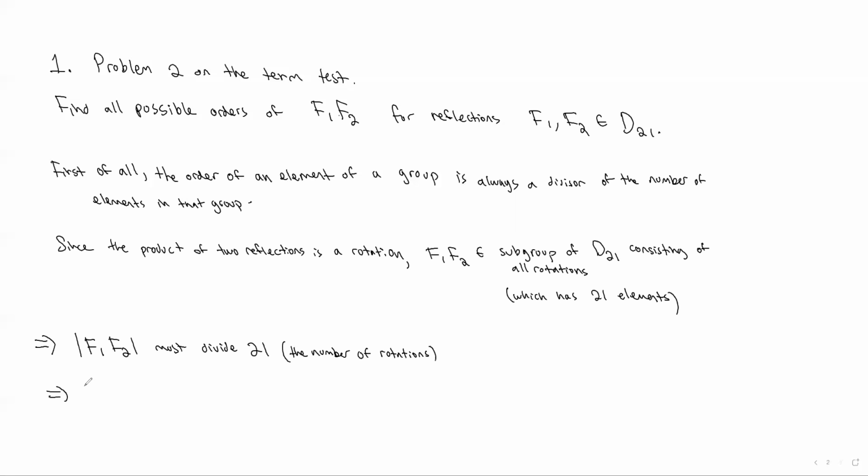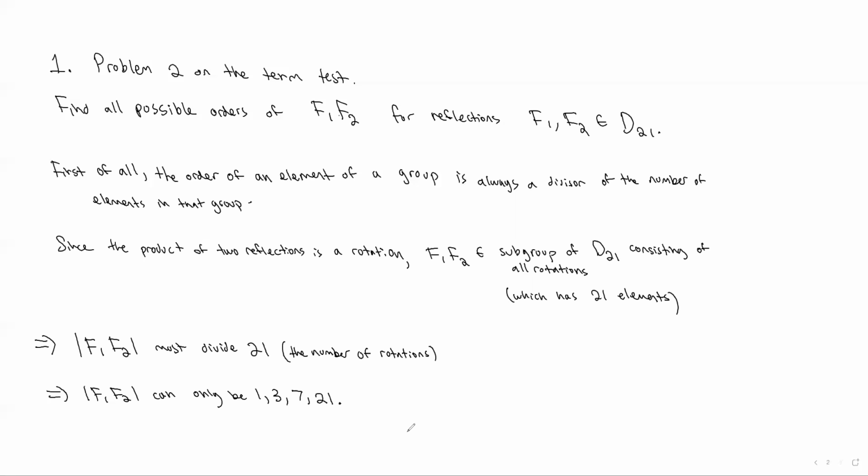So the order of F1, F2 can only be 1, 3, 7, or 21. This is apparently where a lot of people were confused.